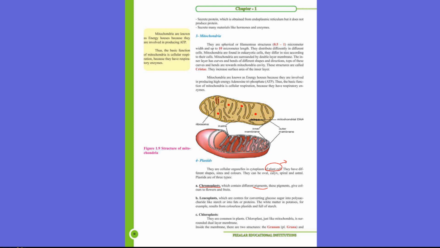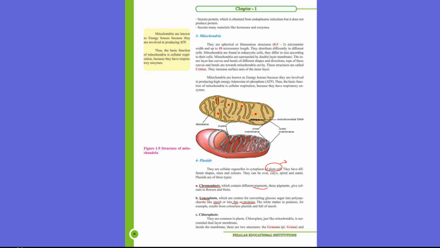The second type, leucoplast, means colorless plast. We may remember leukocytes, which are colorless blood cells or white blood cells. Leucoplasts are centers for converting glucose into polysaccharides like starch, or into fats or oils and proteins.